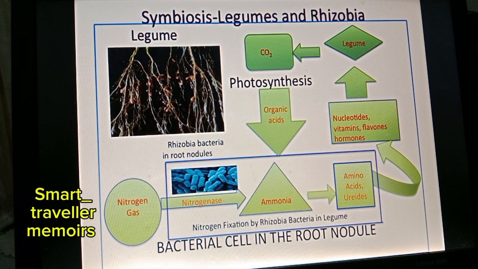So ammonia is converted to amino acids and urides. Okay. Then the amino acids are able to be converted to nucleotides. All right. And you can see the process, the legume there, the carbon dioxide, photosynthesis, and then organic acids. So let's proceed and see more.